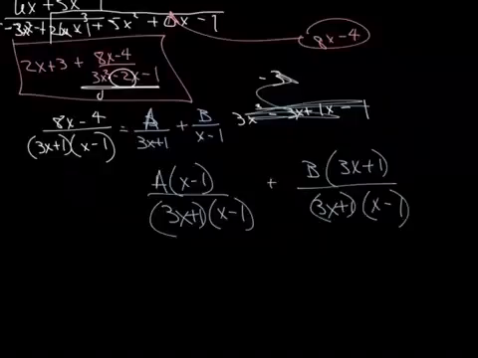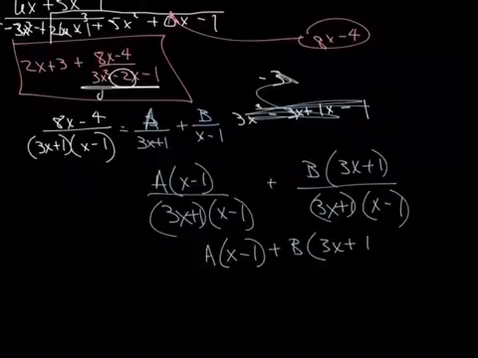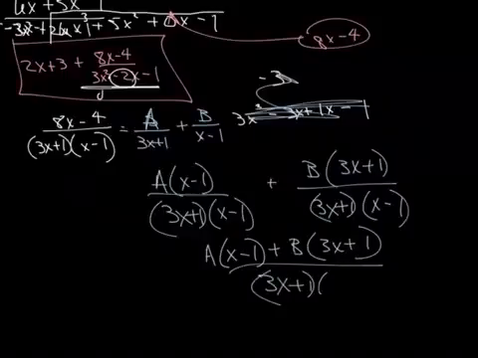Since our denominators are now the same, we can write this as A times x minus 1 plus B times 3x plus 1 all over the denominator, and because these denominators are the same, I can say that 8x minus 4 equals this numerator. And so that's what I'm going to write next.